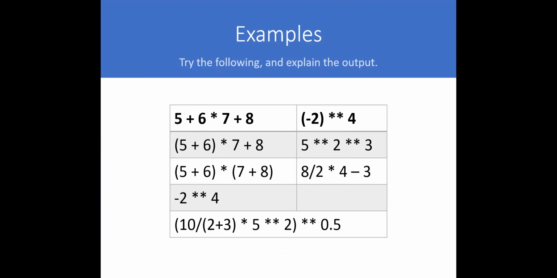So when you take plus, multiplication, plus, which one has the highest priority? So multiplication happens first. So that is 42 plus 5 plus 8, and 55, I guess.